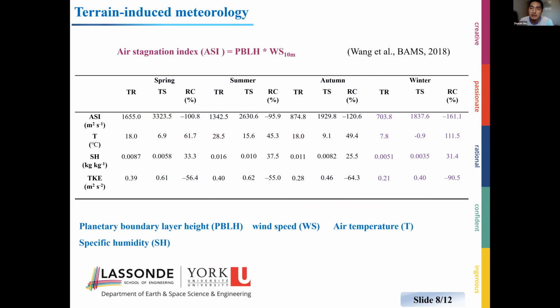Air quality is strongly affected by meteorological conditions. In this part, we will analyze how basin terrain influences PM 2.5 concentrations based on our simulation results. In the planetary boundary layer, basin structure decreases ventilation conditions for air pollutant accumulation.